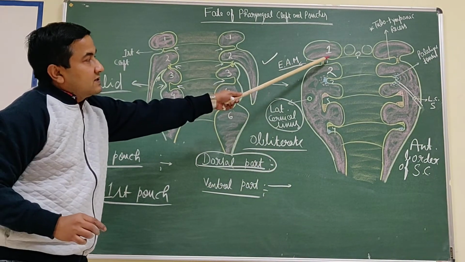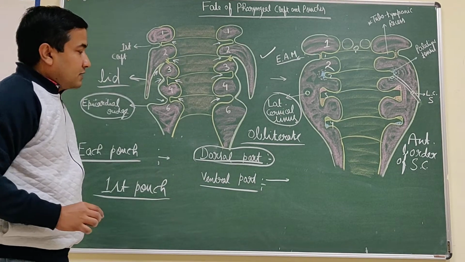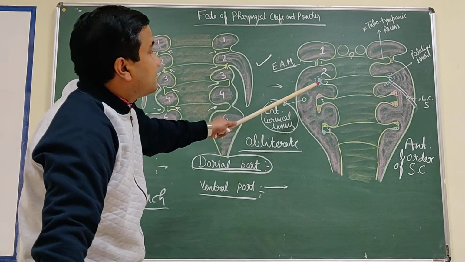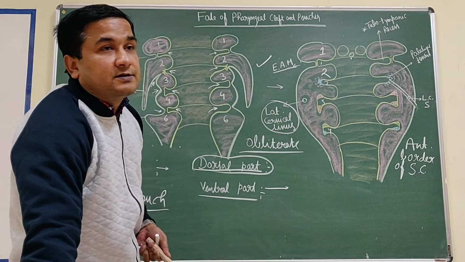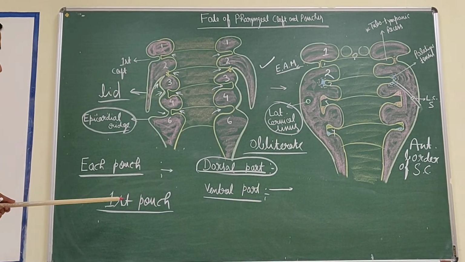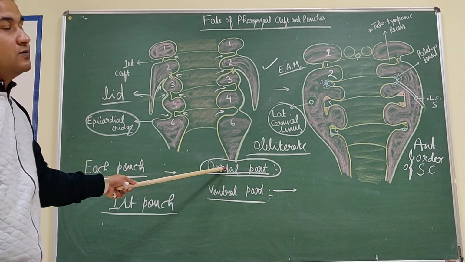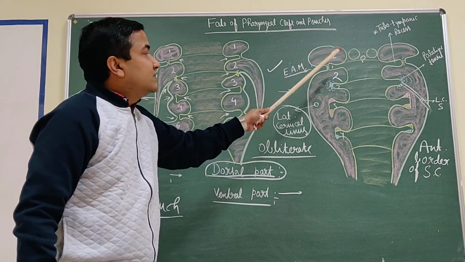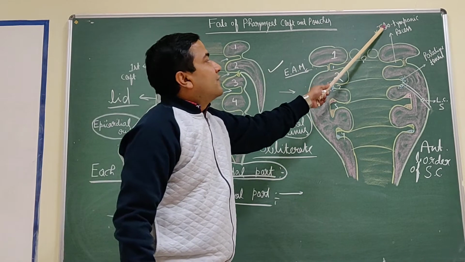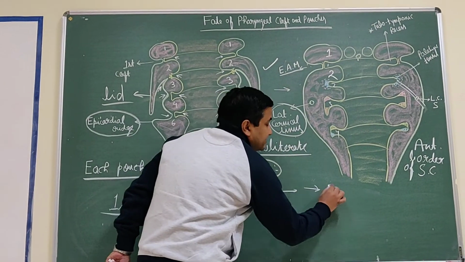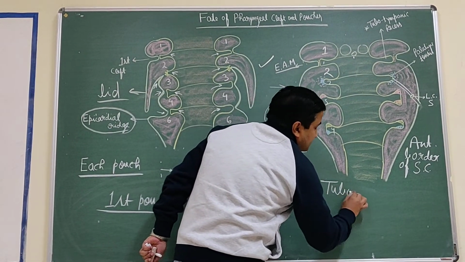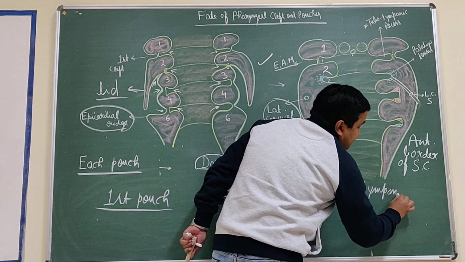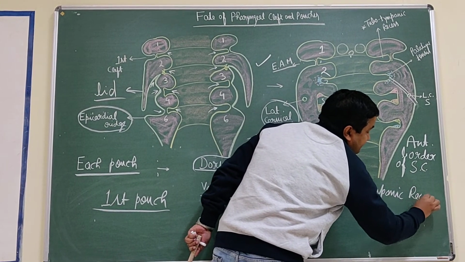So this is the dorsal part of the first pouch, along with a contribution from the dorsal part of the second pouch. The dorsal parts of the first and the second pouch form a diverticulum, and this diverticulum is known as the tubotympanic recess.